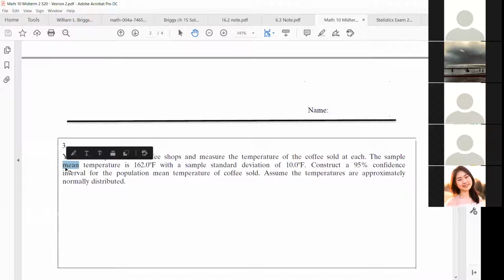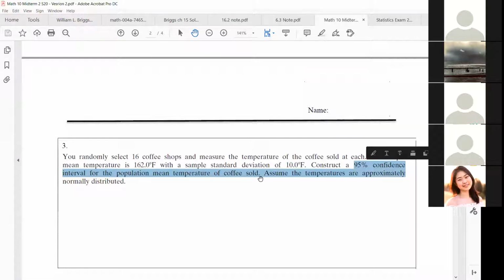Your sample mean temperature is 162. So X bar is given to you, 162, with a sample standard deviation, so S is given to you, 10. Construct a 95% confidence interval for the population mean temperature of coffee sold.